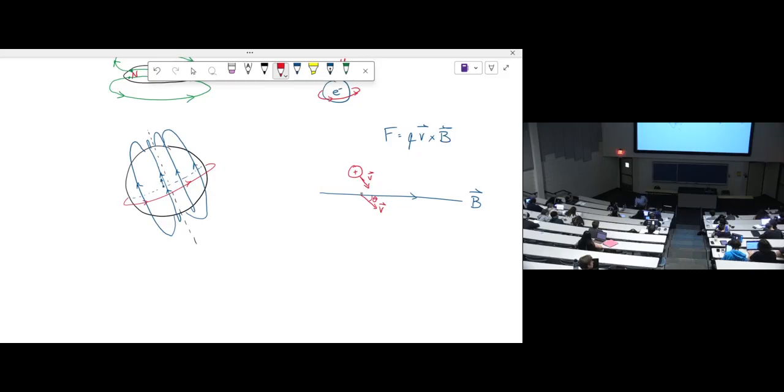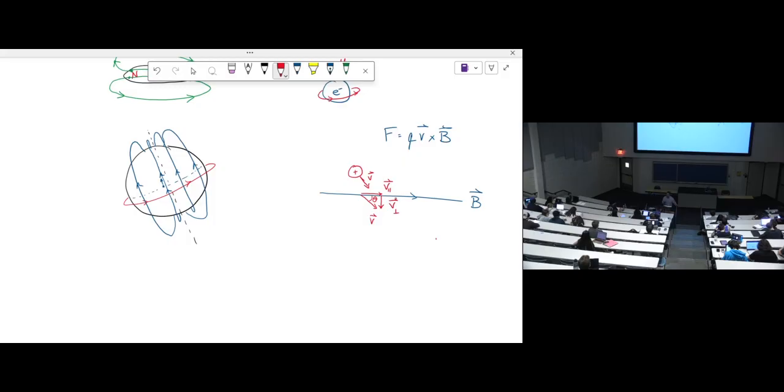I've got a bit of the velocity here, we'll call this V parallel, and a bit of the velocity that is perpendicular. V parallel and V perpendicular.